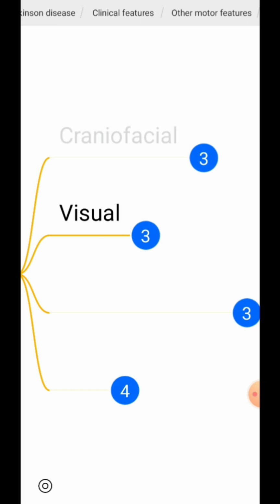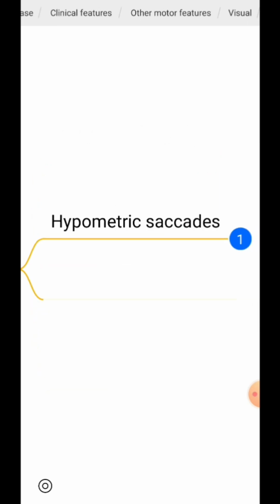Then visual symptoms can also occur. One of the most common is hypometric saccades, where the saccadic movements of the ocular muscles in Parkinsonian patients are impaired and reduced.